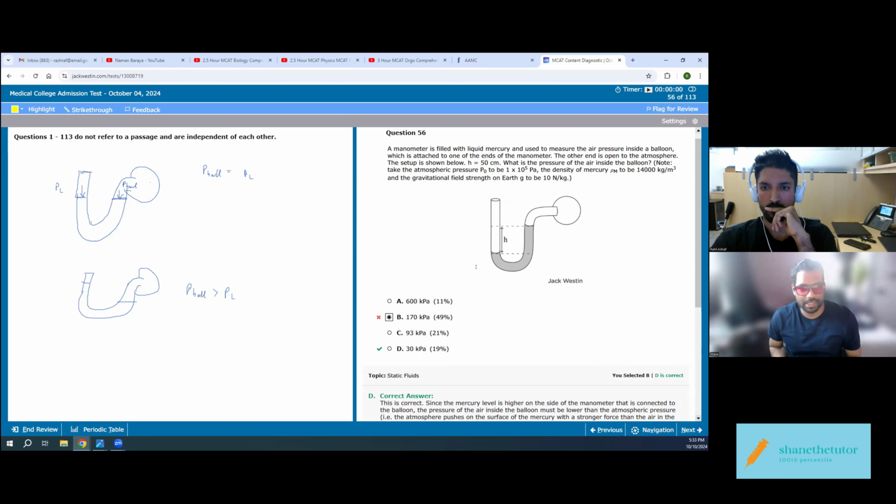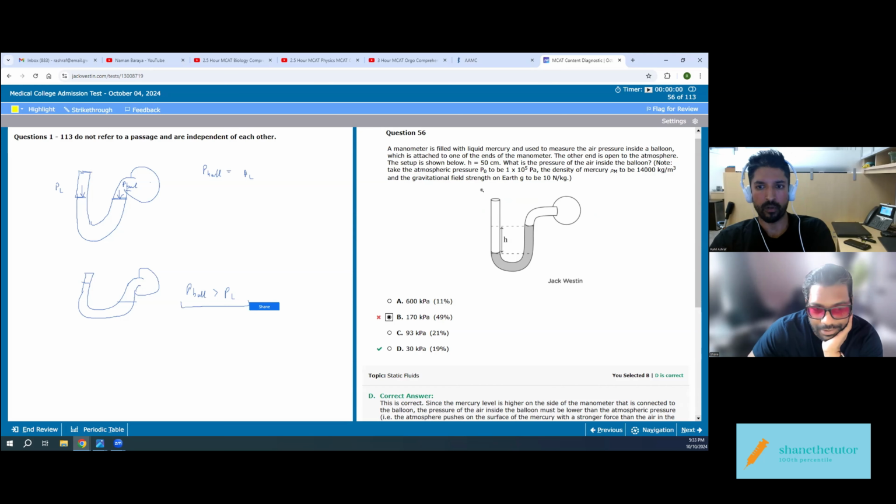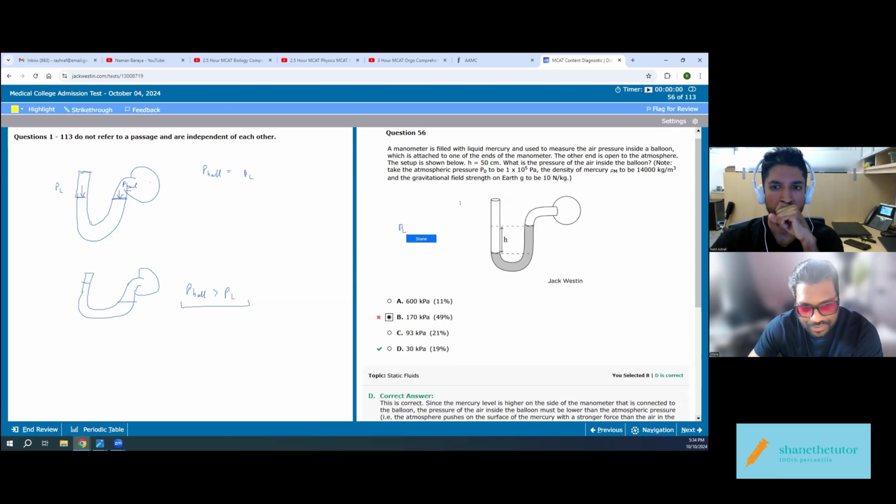So what must that mean? I'm just making it pressure on the left side, not anything with the atmospheric pressure yet. The pressure on the left side would be greater than the pressure of the balloon, right?